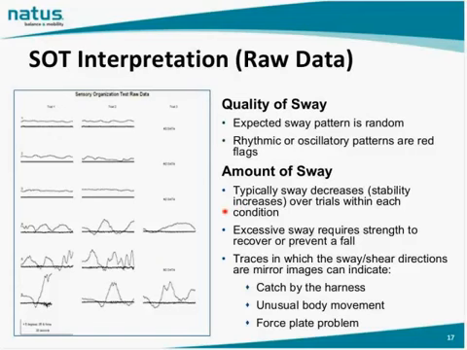There's a very minimal learning effect, but not enough to drive the data from normal to abnormal, abnormal to normal. You also want to be aware of whether or not the harness is too tight. Very strange or unusual body movements are a flag for a problem with the force plate itself.